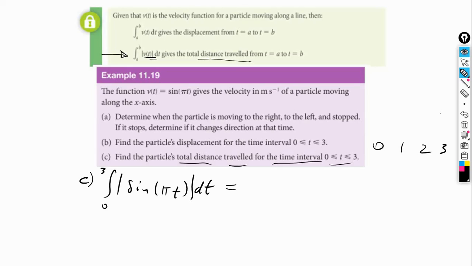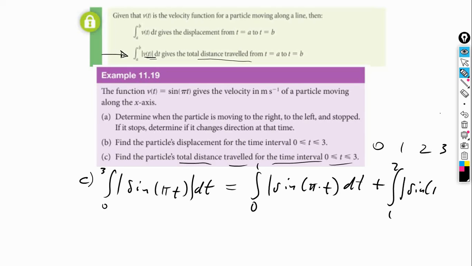We would have to integrate from 0 to 1 for the absolute value of sine of pi times t dt. And then we would have to add to this the integration from 1 to 2 of the absolute value of sine of pi times t dt.